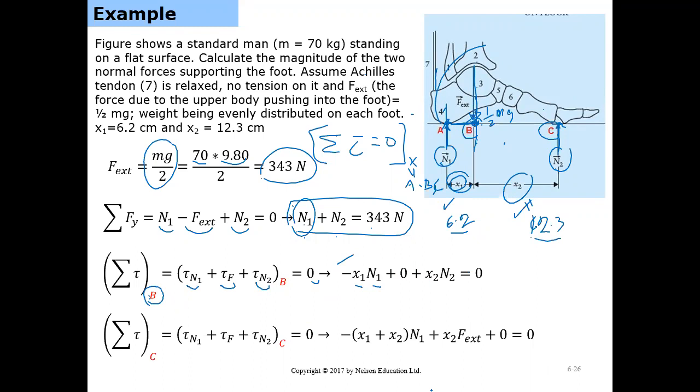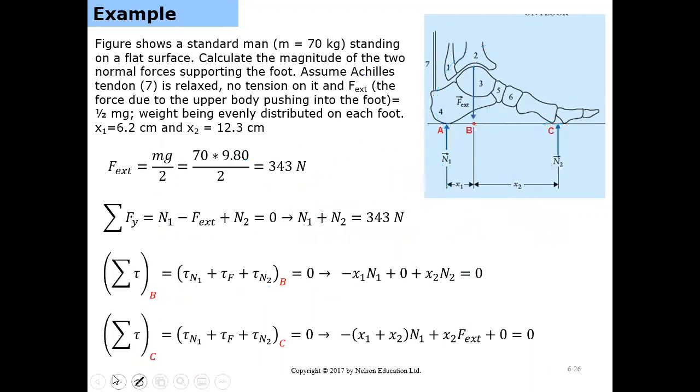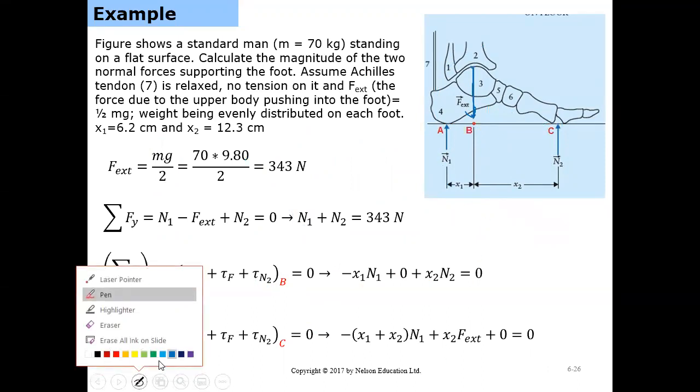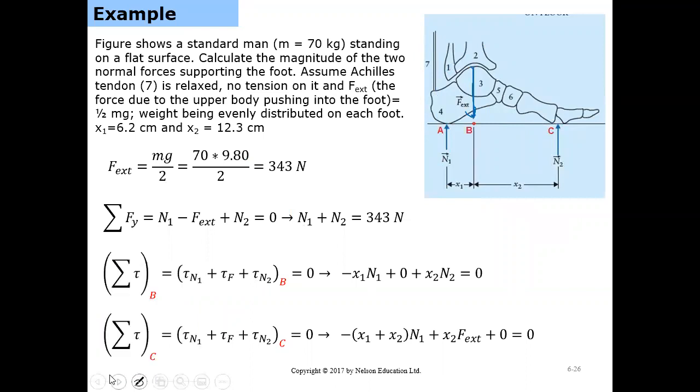Let me show it. Okay, let me clear all the writings. See, this is F, right? And R will be, let me take another color. Okay, red maybe.